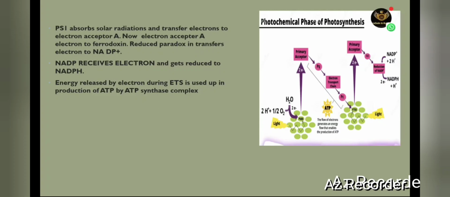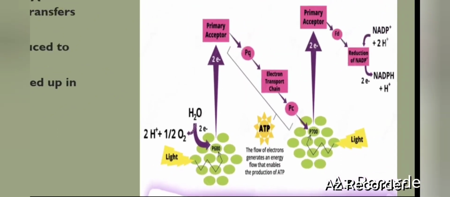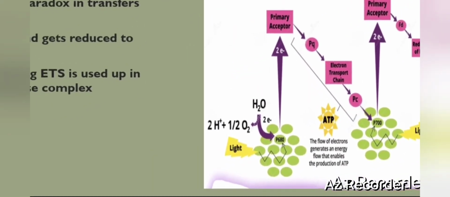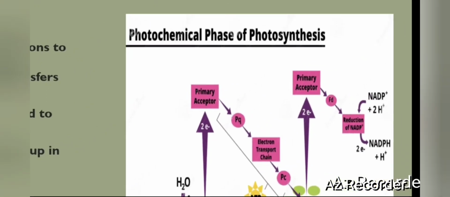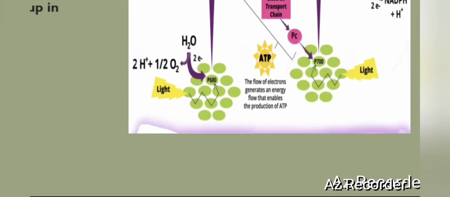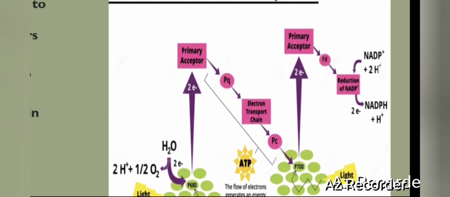Electron acceptor A transfers the electron to ferredoxin. Here you can see the electron acceptor A passes the electron to the ferredoxin.